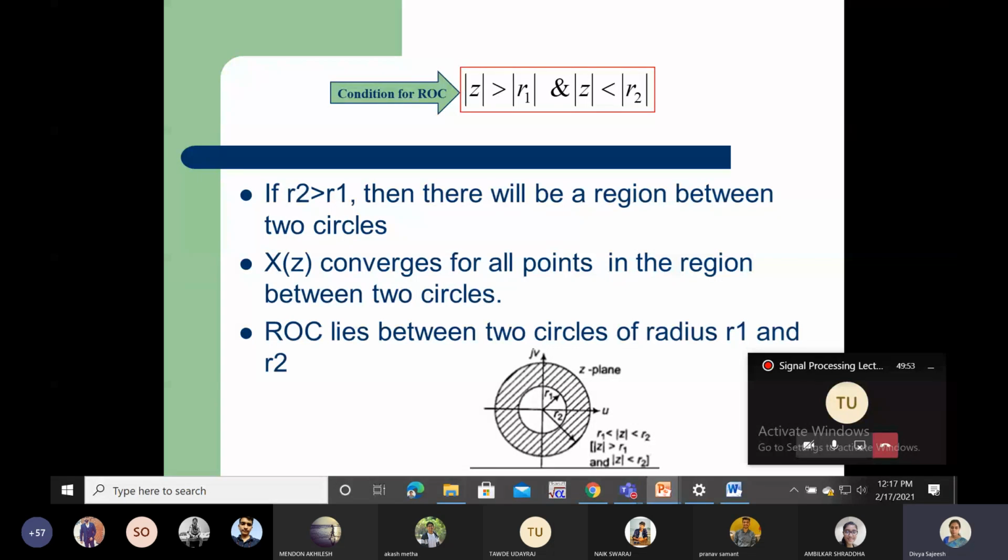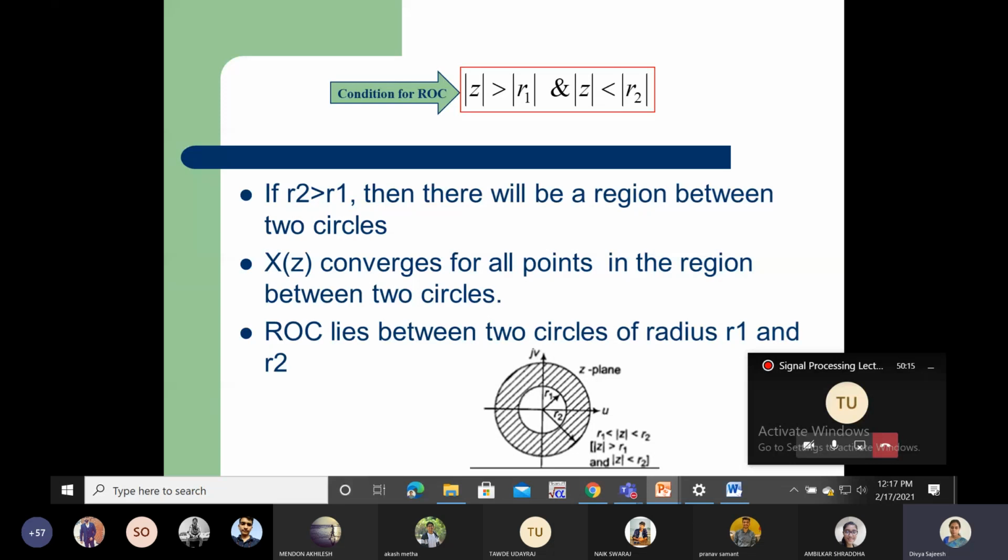Okay, so what is the condition? Z should be greater than R1. One condition is that Z exists for all points outside R1, but one more condition also exists: Z should be less than R2. So we get a region between the circles R1 and R2. The hatched area indicates the region of convergence.